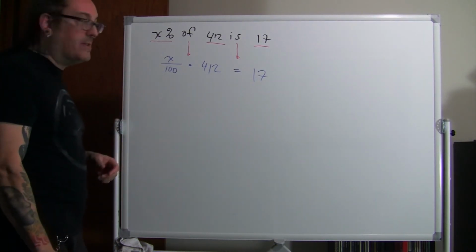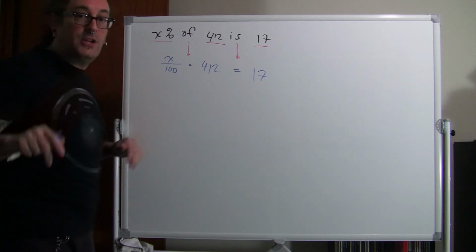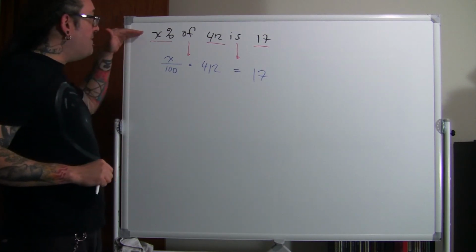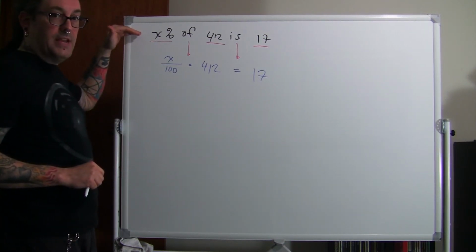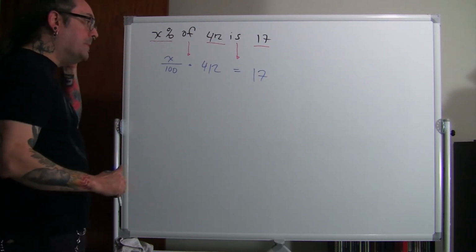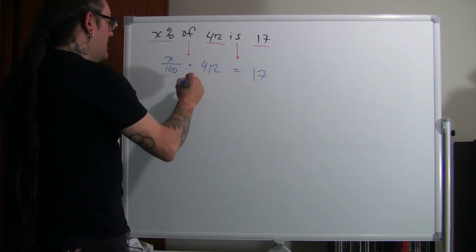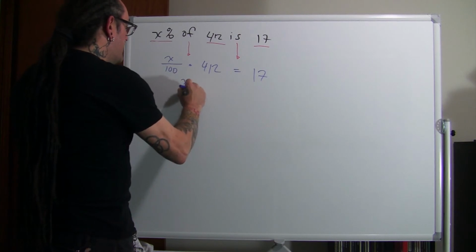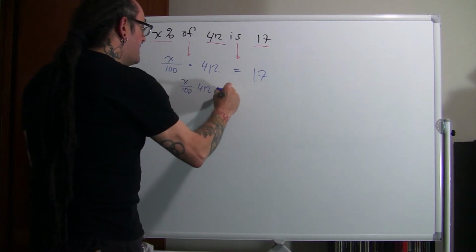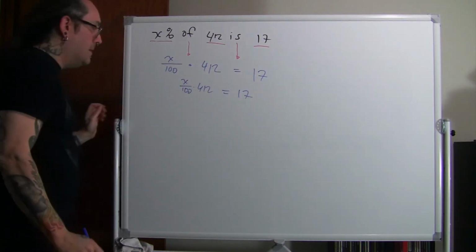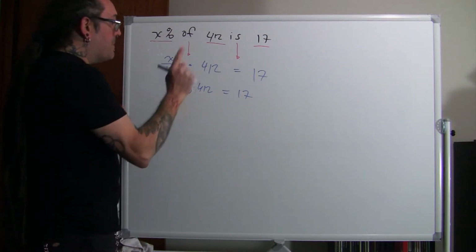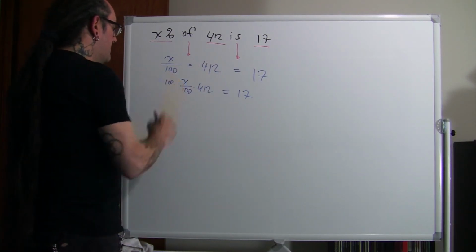That x is just moving around. And there's nowhere else for x to go after this version. So there are 3 versions of this phrase in English, and now here's the third one. All right, let's get to work. X over 100 times 412 is 17. Okay, so to get rid of this denominator, multiply both sides by 100.